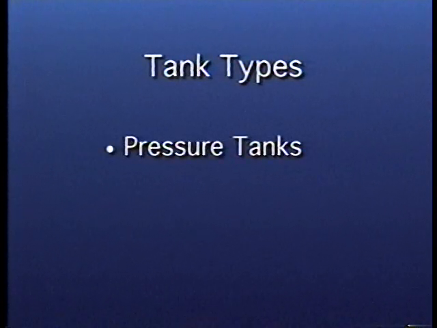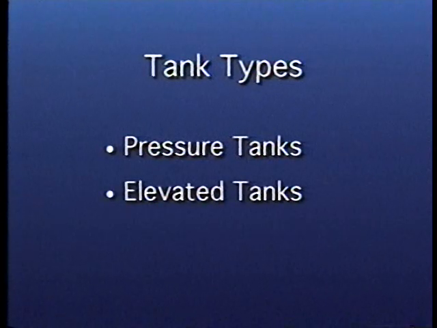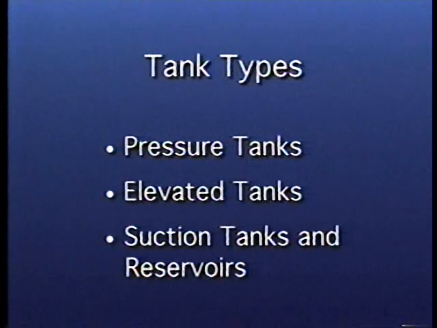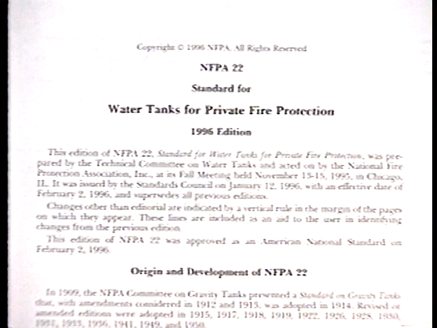Three types of tanks are used to supply water for automatic sprinkler systems: pressure tanks, elevated tanks, and suction tanks and reservoirs. Installation standards for tanks are contained in NFPA 22, the standard for water tanks for private fire protection. Pressure tanks and elevated tanks are considered very reliable because they do not depend on an outside power source to function in an emergency.